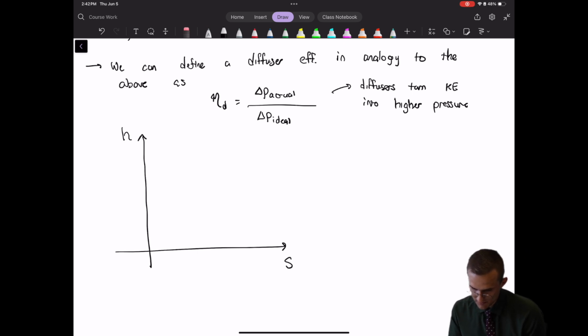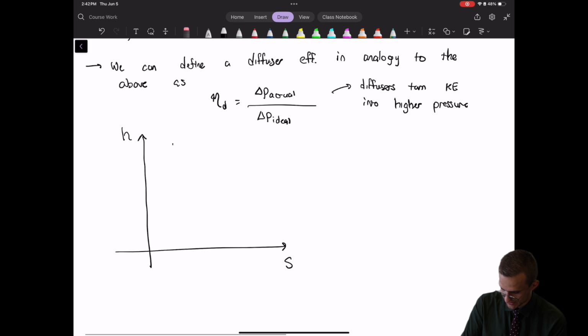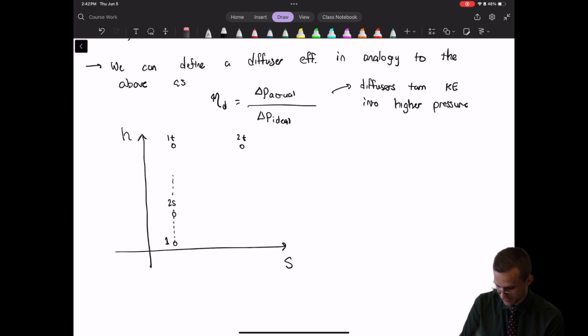HS. Let's say that we have a stagnation state 1T, another stagnation state 2T. This will be 2S. Okay, and then this will be down here. This will be state 1. So if you go straight up on the isentrope, you hit 2S, and then if you keep going up, this is your 1T, okay?